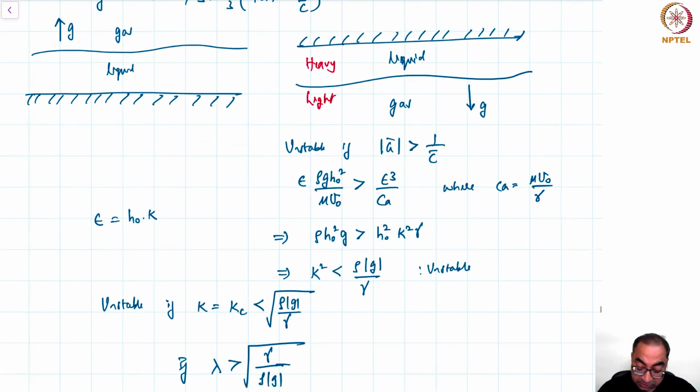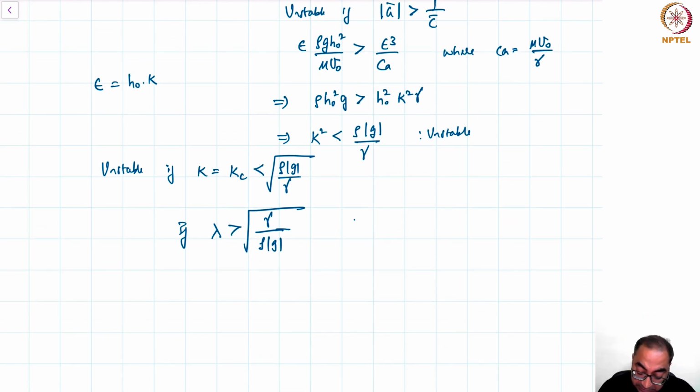So this is also called the Rayleigh-Taylor instability, except that it's for a thin film, but the basic idea is the same. It's a heavy fluid over a light fluid which becomes unstable.